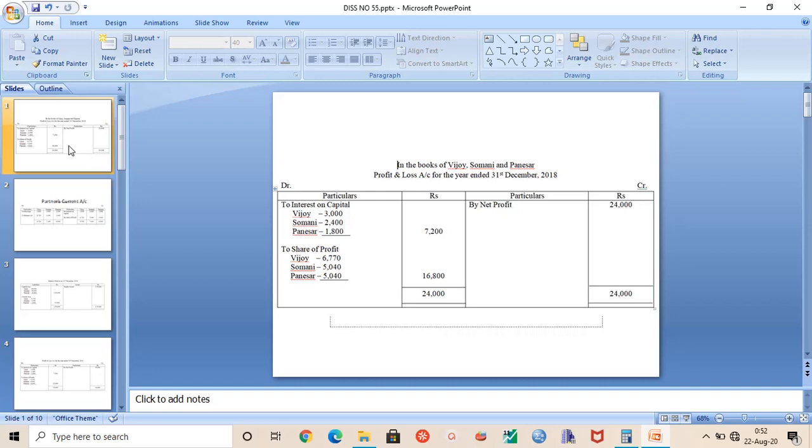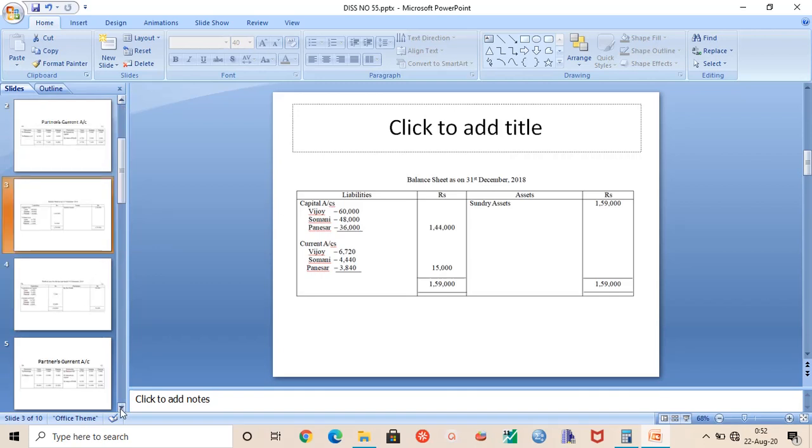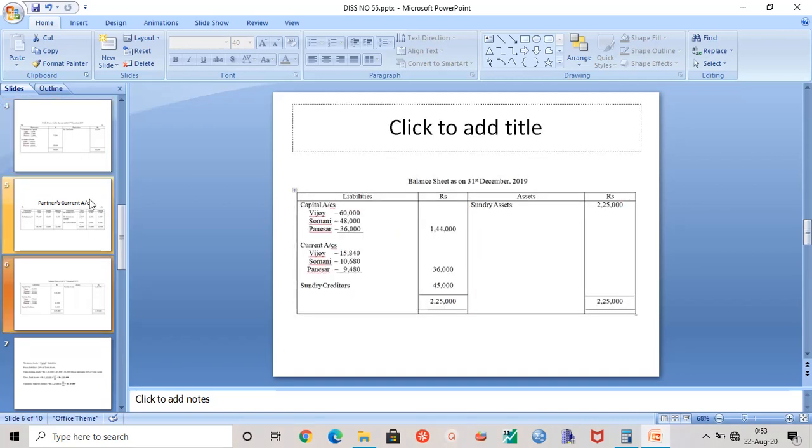This is your profit and loss appropriation account for the first year, 31st December 2018. So one, two, three items. The first three items are for 31st December 2018. Again after that these things, one, two, three, are for 31st December 2019.